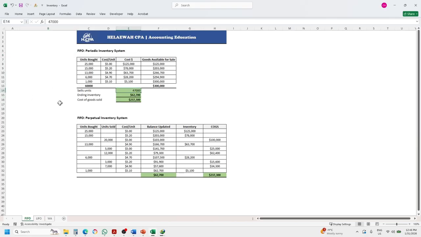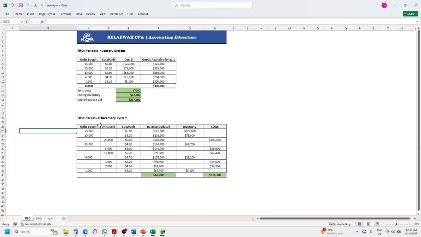To know the cost of goods sold, we took the first 25,000 because it's first in, first out. We take the second one, now we have 40,000, and we take 7,000 from the 13,000 at its cost, and that's how we reach the cost of goods sold, 237,300. We subtract it from the cost available for sale, and we get the ending inventory, 62,700.